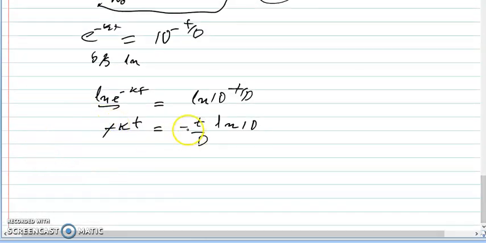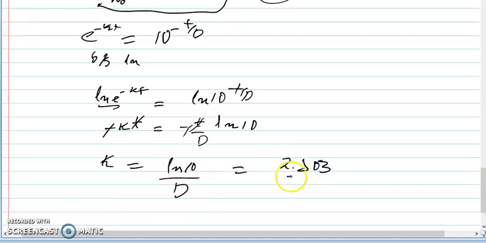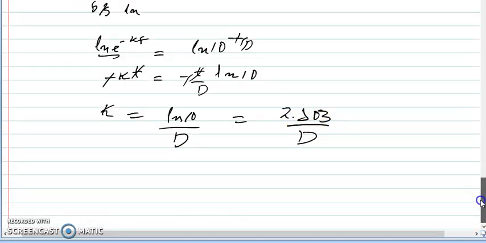Here t will cancel out, so we can write k is equivalent to ln 10 divided by D, or we can write this as 2.303 divided by D. So we get the value of D is equivalent to 2.303 divided by k, the rate constant.